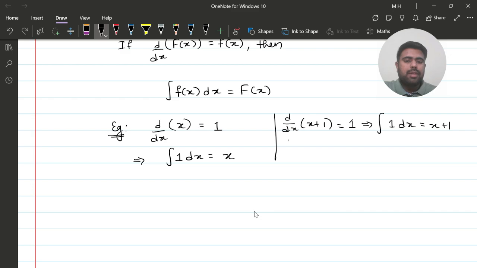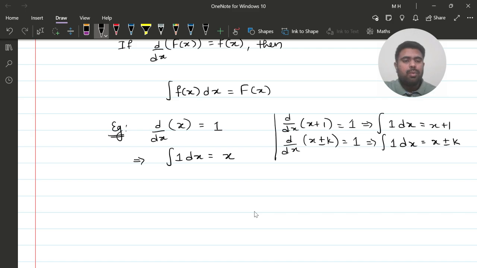Similarly, the derivative of x plus 2, or x plus or minus any constant, I will just take it as x plus or minus k. This is also 1 because the derivative of x is 1, the derivative of k is 0 because k is a constant. So the integral of 1 is x plus or minus k, right?